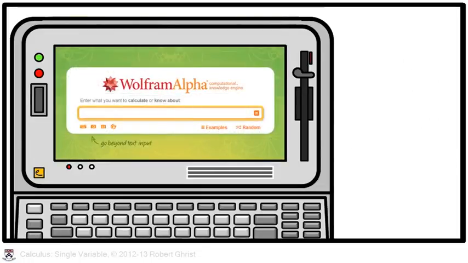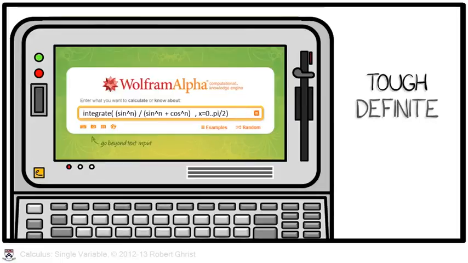Let's consider a different example. This one, again, a difficult definite integral. The integral of sine to the n over quantity sine to the n plus cosine to the n. Notice that we didn't have to specify what our variable was, in this case x.